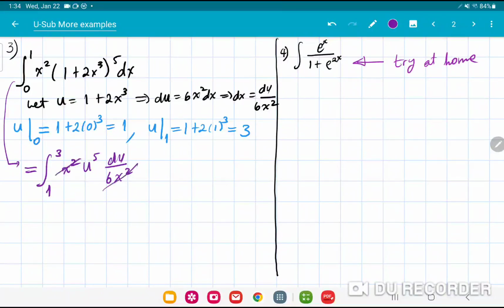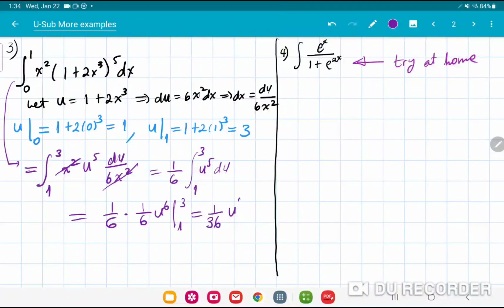Cancel x squared. That gives you 1 over 6 times the integral of u to the 5th du from 1 to 3. Well, integral of u to the 5th is 1/6 u to the power of 6 evaluated from 1 to 3. Or this is just 1 over 36 times u to the power of 6 evaluated from 1 to 3.